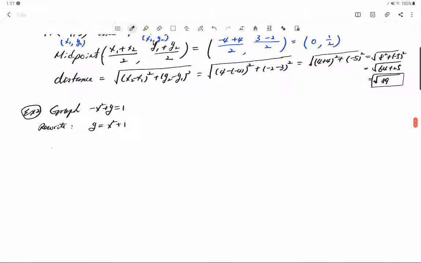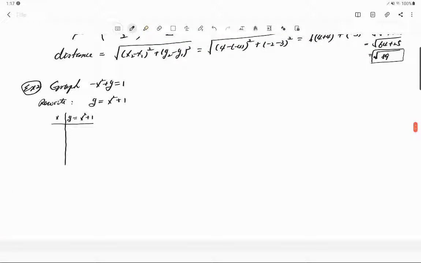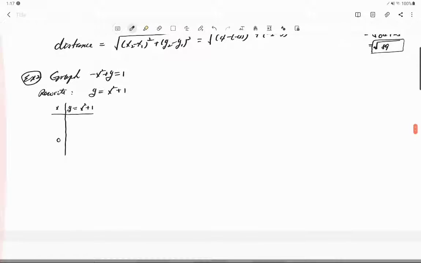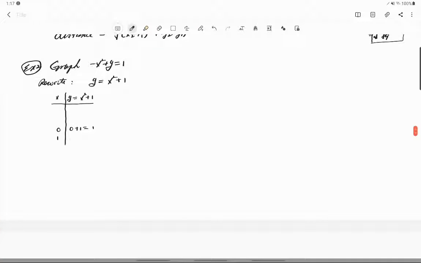And then the graph is the collection of all the xy values. Whenever an x value is given, we get the y value. So if x equals 0, then 0 plus 1, the y value is 1. If x equals 1, then 1 squared plus 1 is 2, right?